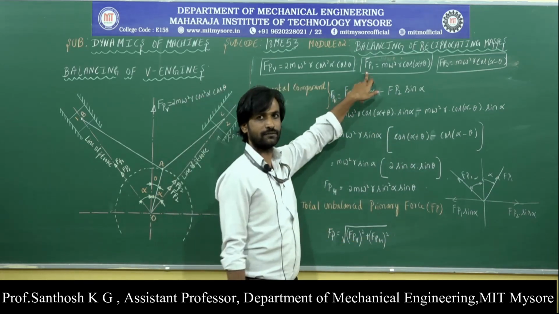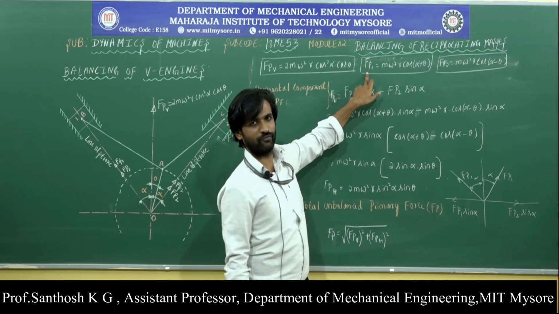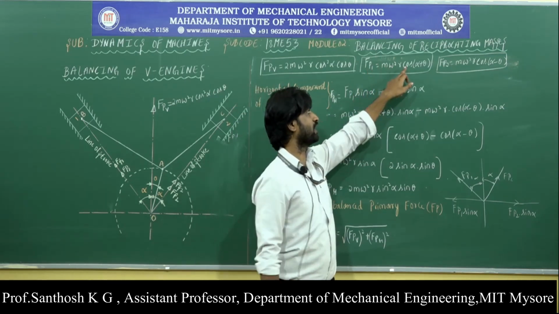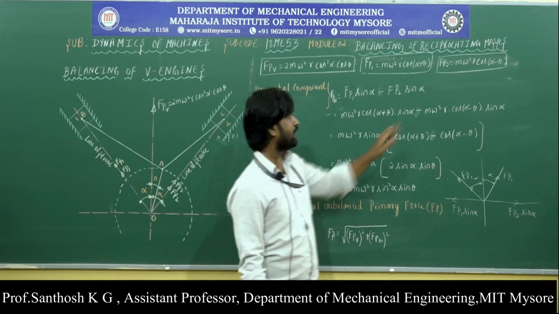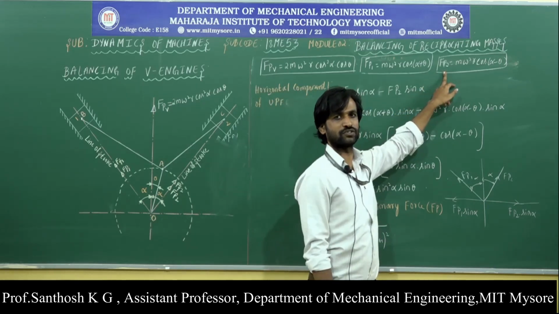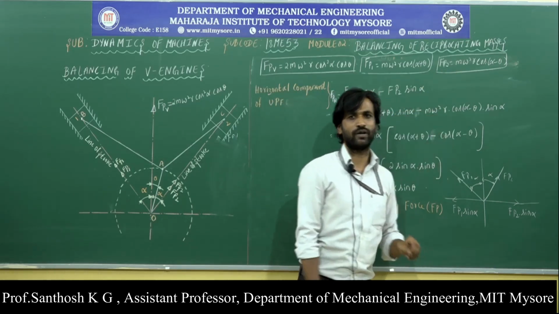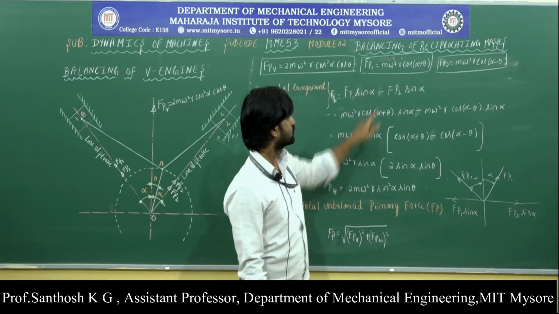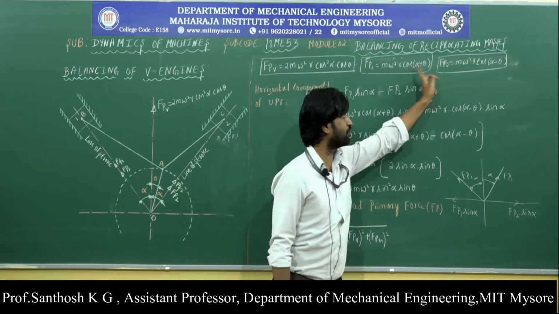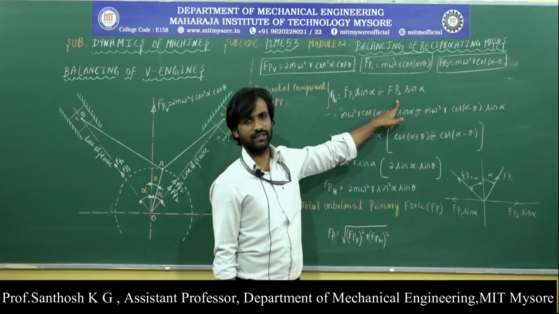And we already know that the value of Fp1 is m omega square r into cos of alpha plus theta, and Fp2 is equal to m omega square r into cos of alpha minus theta. So substitute the value of Fp1 and Fp2 in this equation.